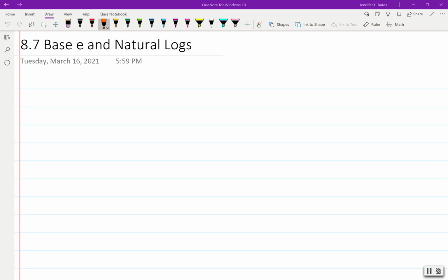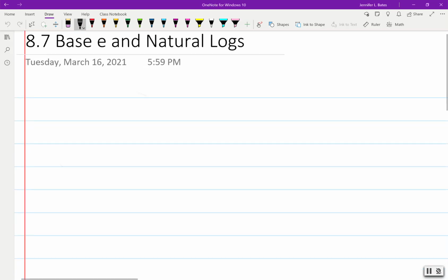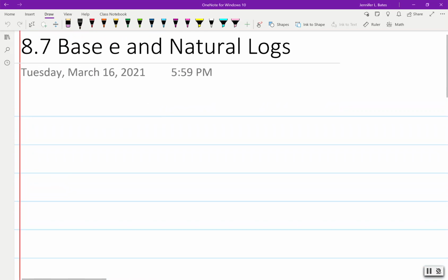All right, welcome to 8.7 Base E and Natural Logs. So in our last set of notes, we talked about the common log.